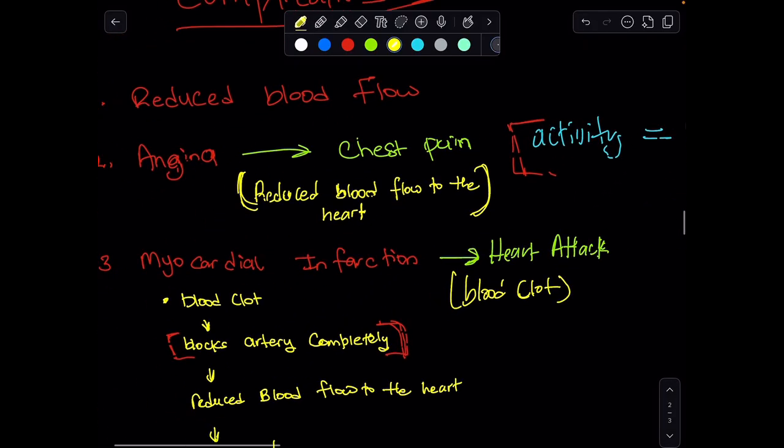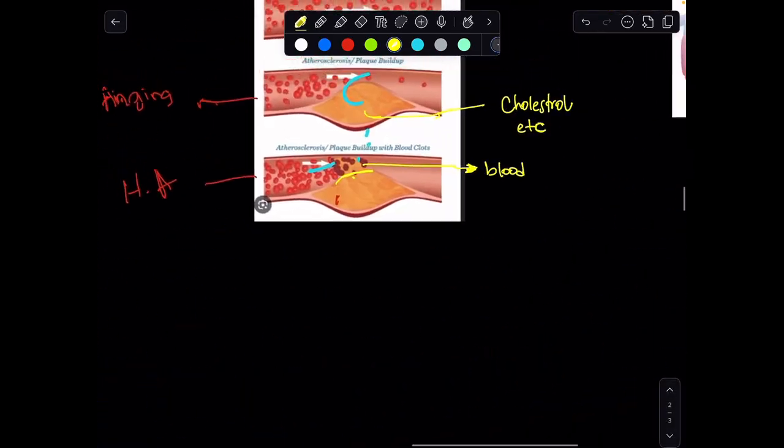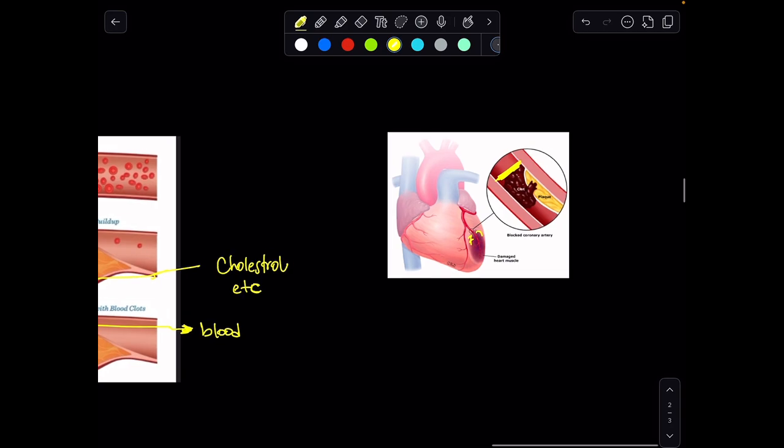And then myocardial infarction, which is heart attack, that also occurs as a result of coronary artery disease because it can cause a blood clot. Remember, there's a plaque, and the plaque, when it breaks, it bleeds. That bleeding from the plaque clots, right? We know when there is bleeding, blood clots.